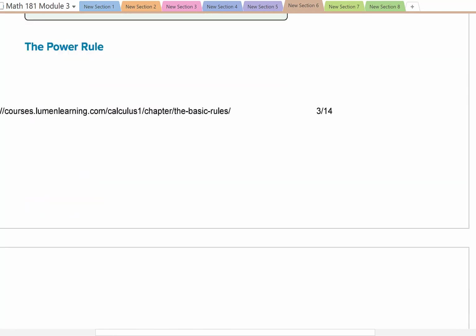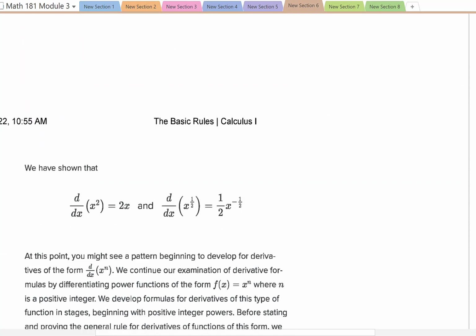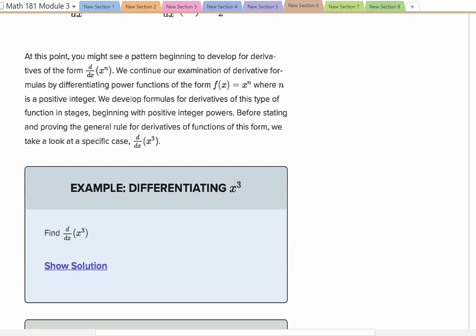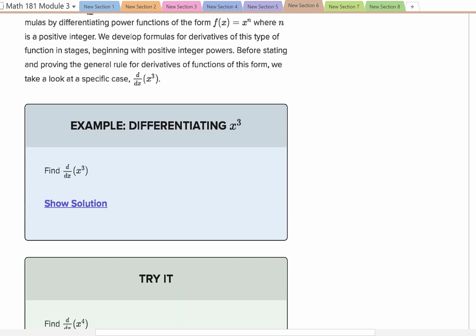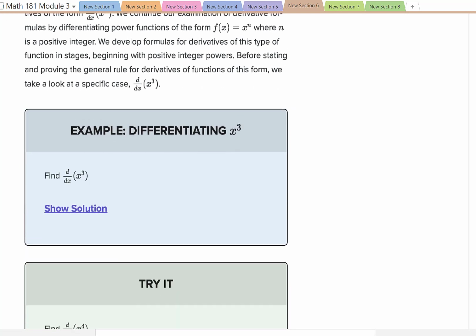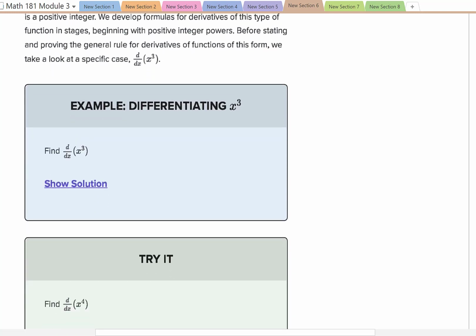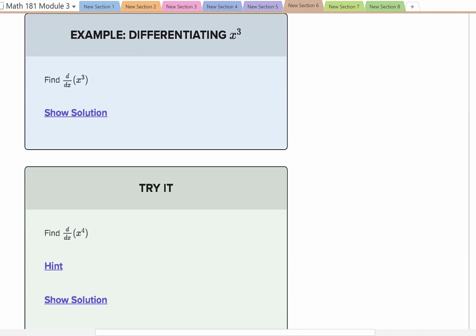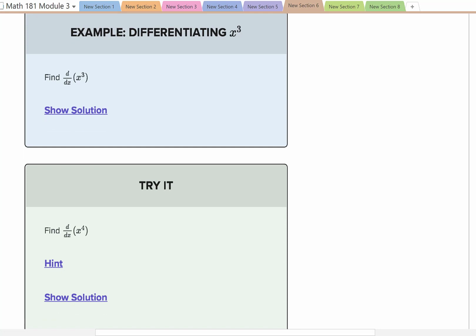Now we get on to the power rule. So let's first think about taking our derivative, like d dx of x cubed, and this applies when we're doing derivatives of polynomials or a variable to a power. So power rule. So not necessarily a polynomial, but those are included.